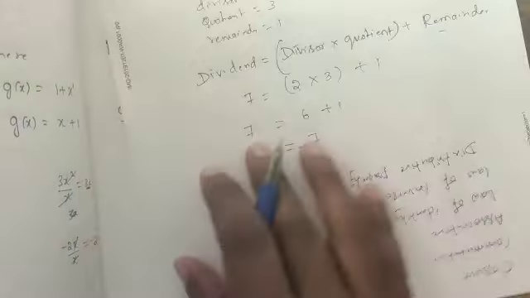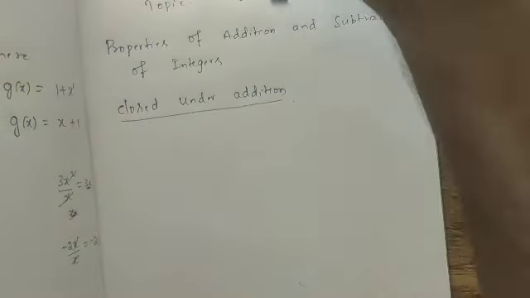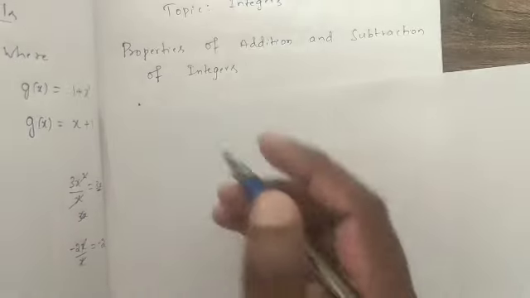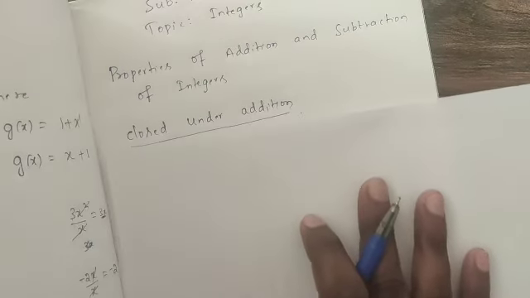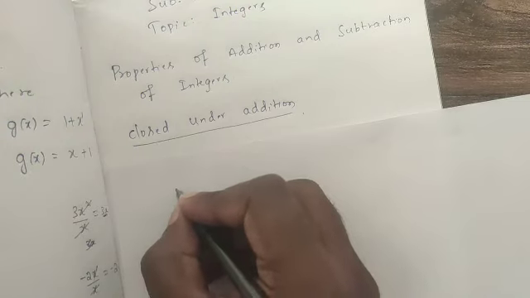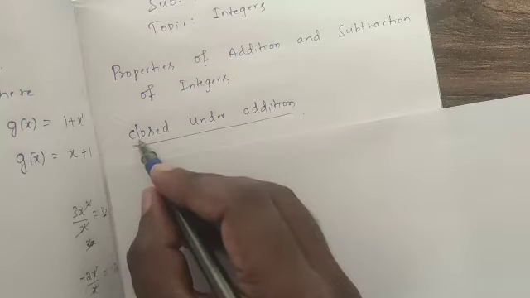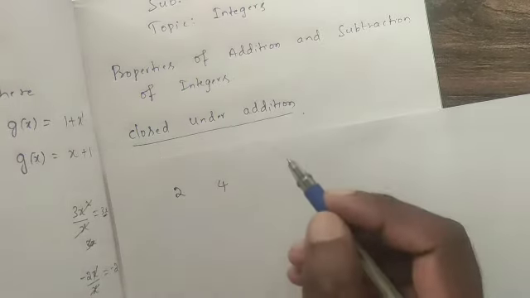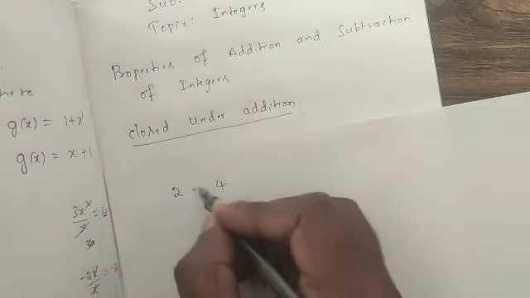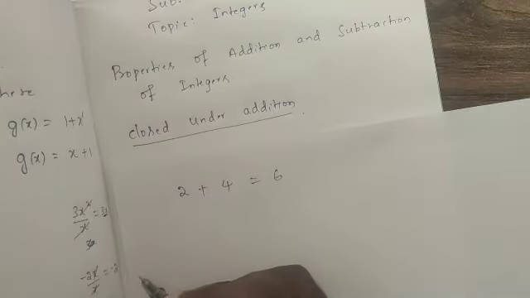Suppose you are going to add two integers. Take any two integers, say 2 and 4. I need to check whether integers are closed under addition or not. Closure under addition, so the operation will be addition. What is 2 plus 4? It will be 6.